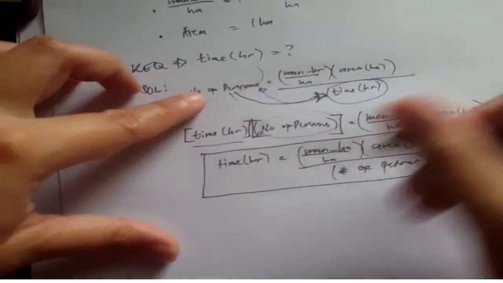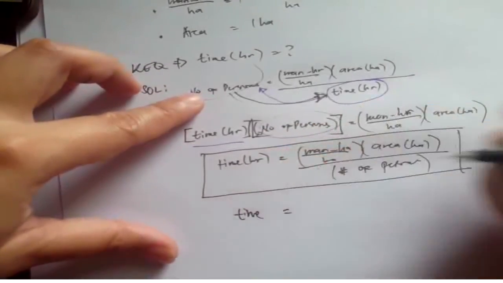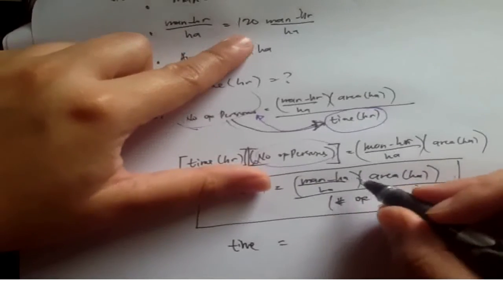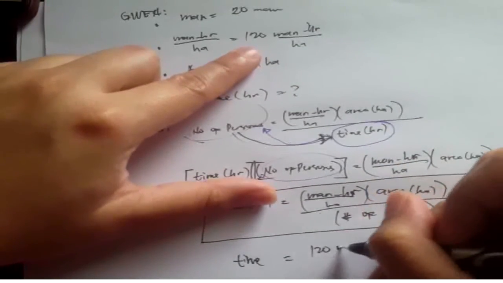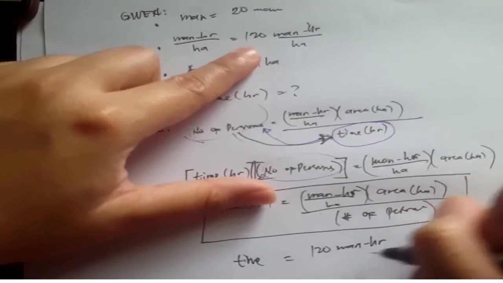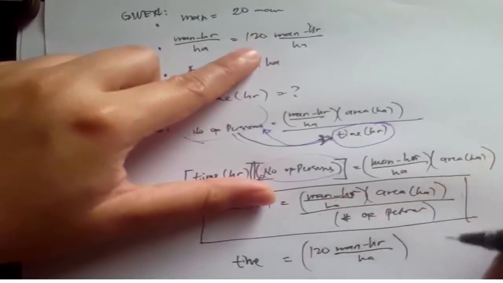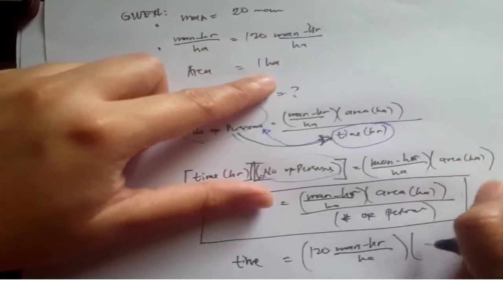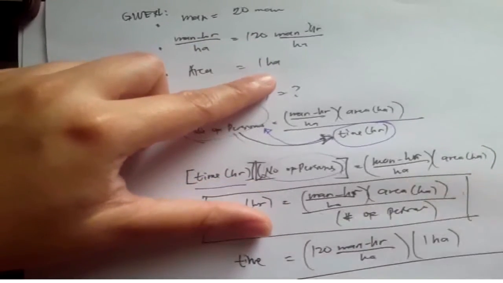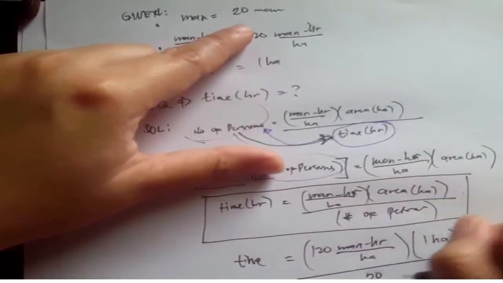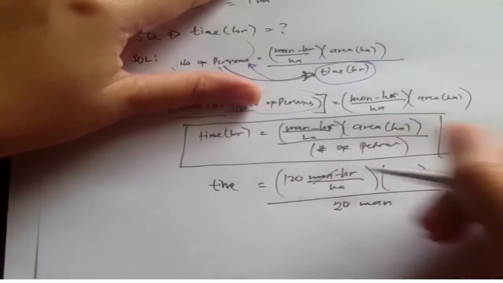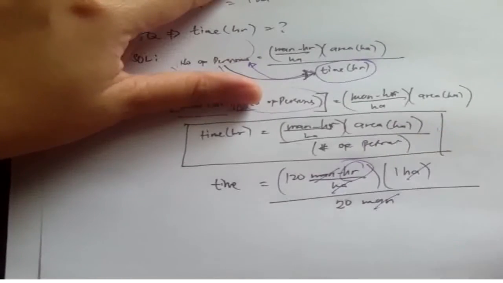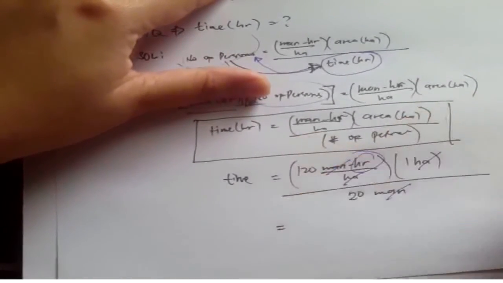Okay, so the time needed is, plug in all those values, man-hour per hectare is 120 man-hour per hectare, multiplied by our area, which is 1 hectare, divided by number of persons, which is 20 men. So as you can see here, you can now easily cancel out man and hectare, and we have the remaining unit of hours.